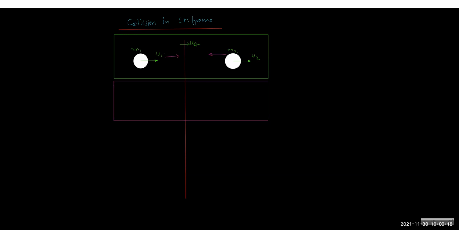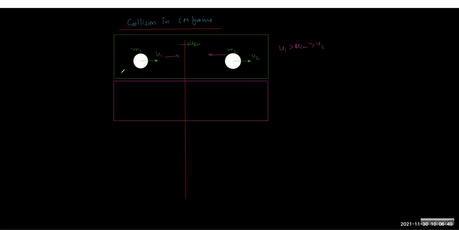So both will come towards center of mass, and that is only possible when u1 is more than UCM. So what is the condition of hitting? u1 should be more than UCM, and UCM should be more than u2. Then one will move towards UCM and two will move towards UCM. Why? Because UCM is bigger than u2, so it will go left in the CM frame. So I hope you realize this fact.